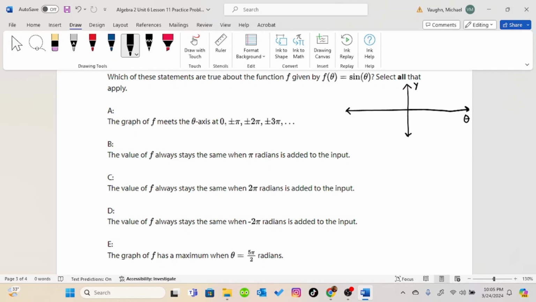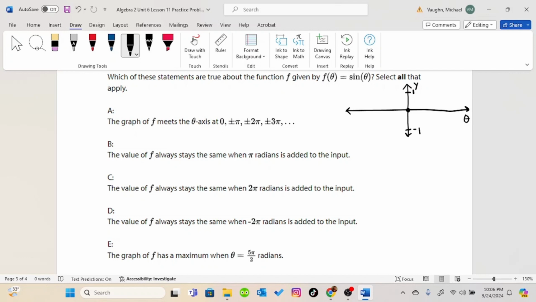And because this is sine of theta, it is going to start at 0 on the y-axis, because we're starting out at the right side where x is 1 and y is 0. Now this is a unit circle, so we have 1 at the top and we have negative 1 at the bottom.